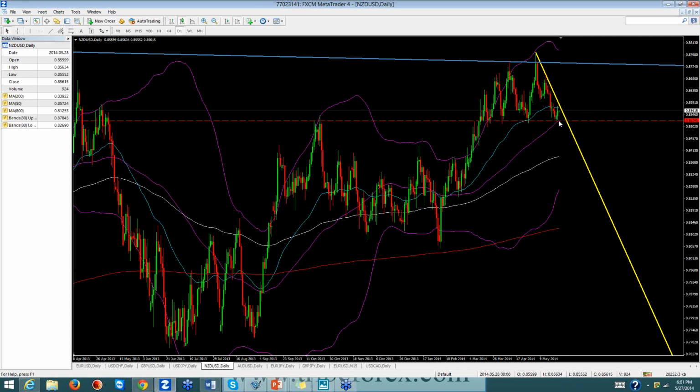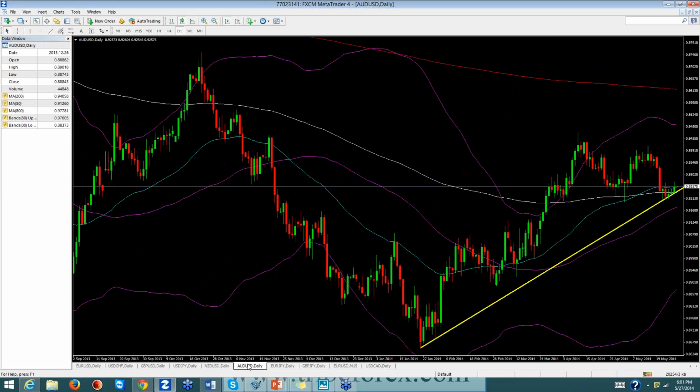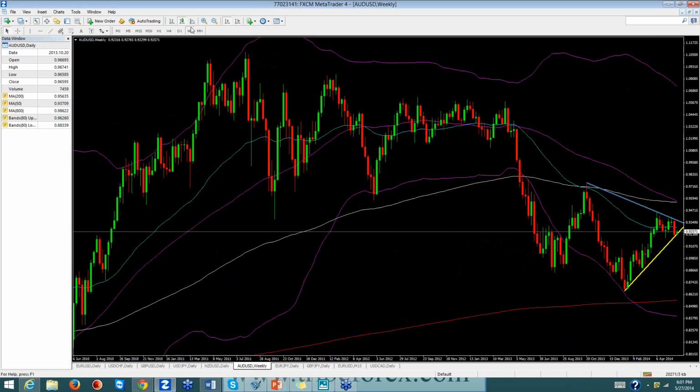So 85.22, that's on the daily, that's proper, and 85.72. Good. And that'll do it on the New Zealand. So consolidation across the board, it looks like, guys. Let's see if it's on the weekly.